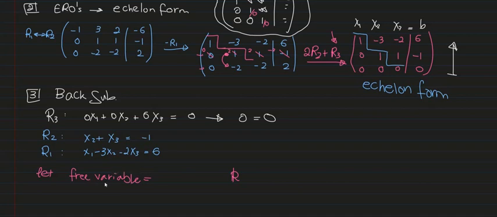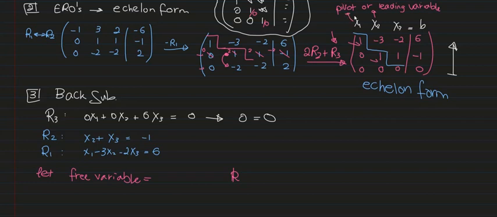I need to set another equation that states a free variable. If we get back here to the echelon form, we find that the x1 column got 1. So x1 is called a pivot, or a leading variable. Also, for column 2, the main diagonal element here is 1, which means that x2 also is a pivot, or we can call it a leading variable.